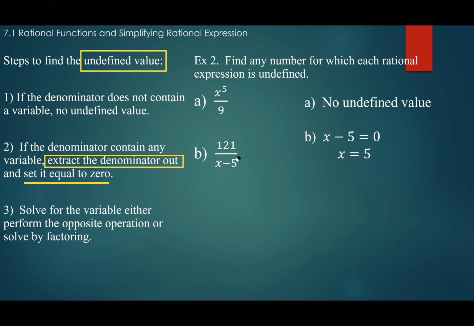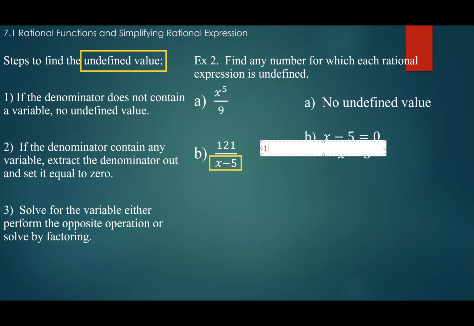Why is it the undefined value? Because if you were to plug it back in there, everybody see that 5 minus 5 is equal to 0. And what is 121 divided by 0? Well, 121 cannot be divided by 0, because 121 divided by 0 is undefined.